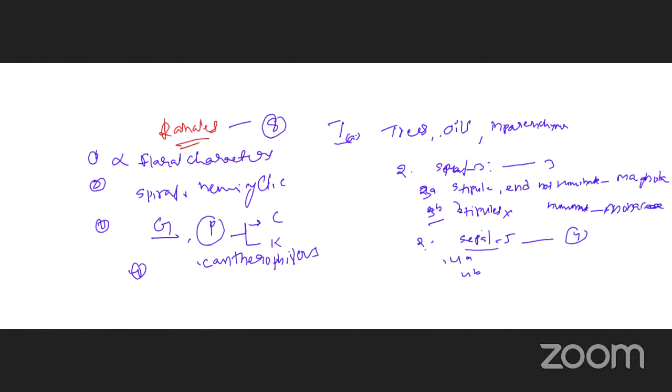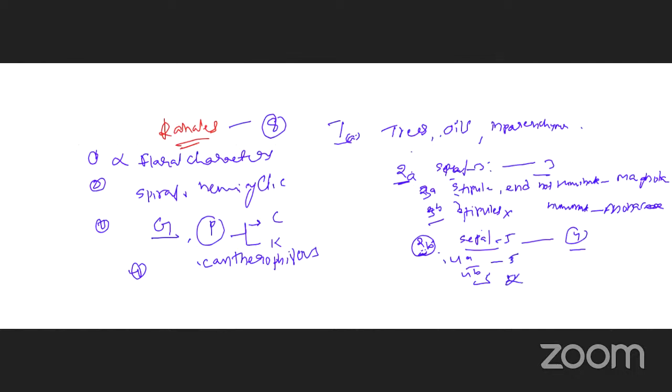Sepals 5, numerous, go to 4. Next order, 1, next to 2, 2 go to 3, 3A, 2A. Here also the same 2A. 2B, in 2B go to 4. 4A, 4B. In 4A, sepals 5; sepals numerous.